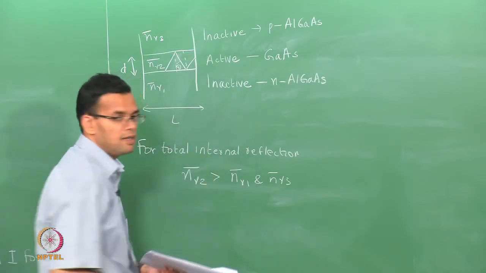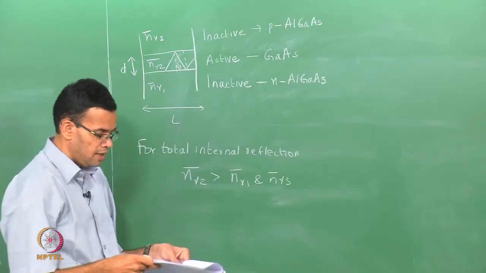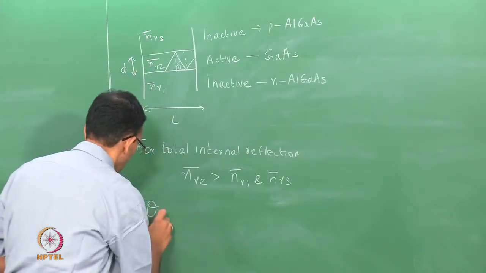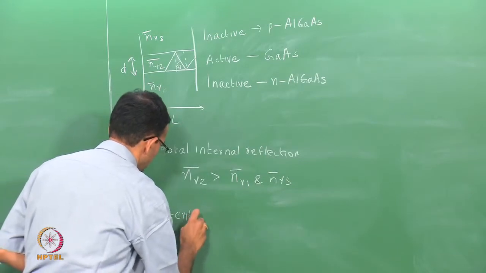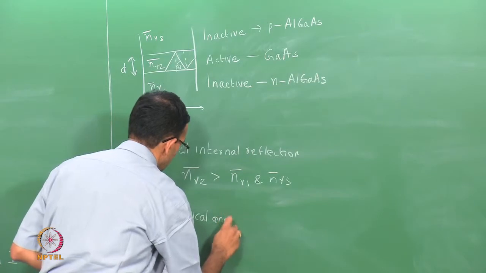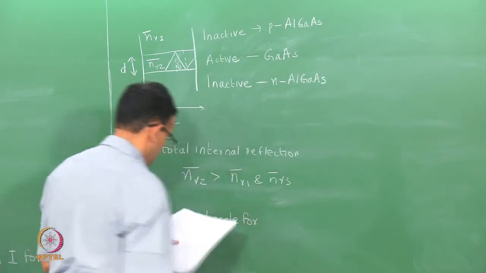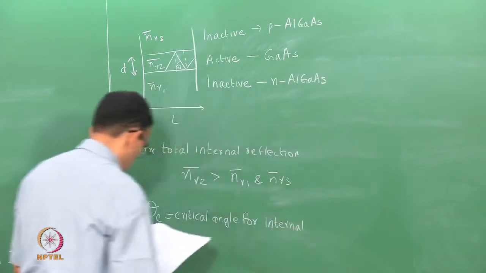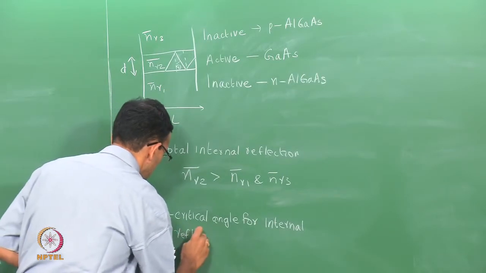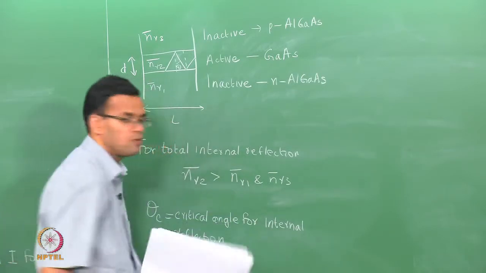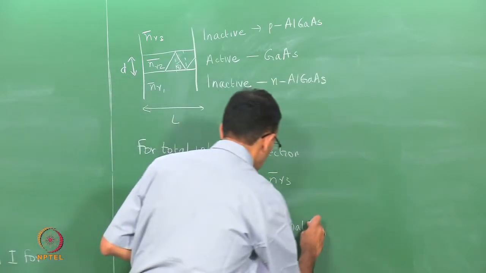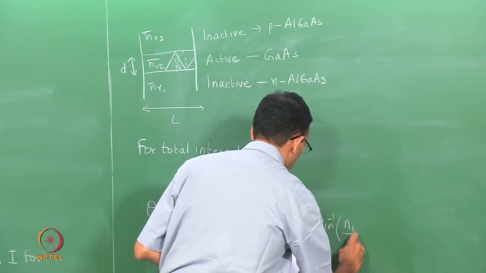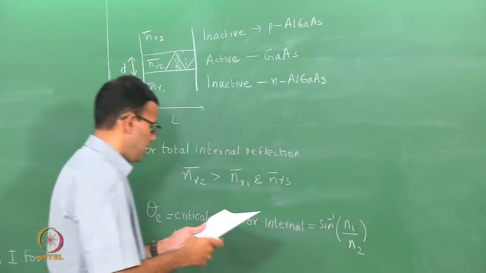So, we can define this angle theta, and the critical angle theta c for total internal reflection is given by sine inverse N1 over N2.